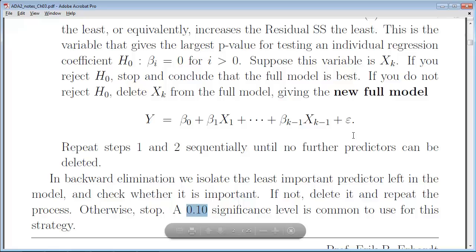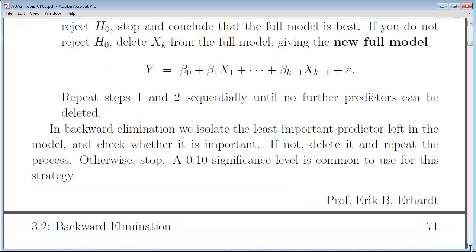And basically that allows the computer to make some quick decisions for you to get down to a fairly reduced model, but then you, as a human, get to make some final decisions about which terms continue to remain in the model.